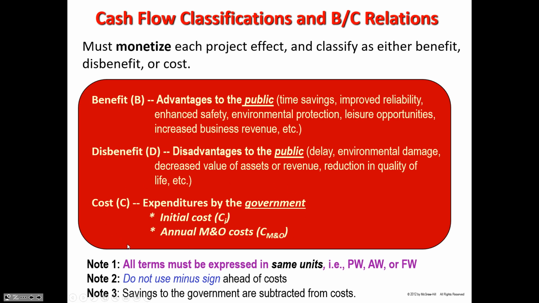So if, for example, building a smoother road saves the state of West Virginia a little bit of money on the fuel expenses for their vehicle fleet, then you'd just reduce the cost of the project by an equivalent amount of the savings. So those savings aren't considered as benefits.